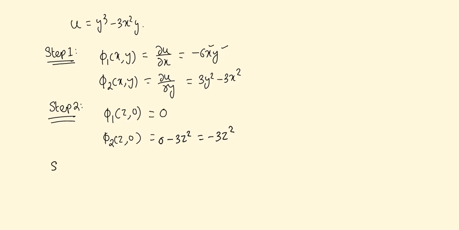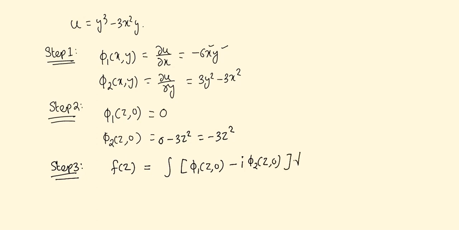Next we have the final step, step 3. By using this step we can find the value of f of z in terms of z. So f of z equals the integral of phi1 function of z0 minus i phi2 function of z0 dz plus constant.